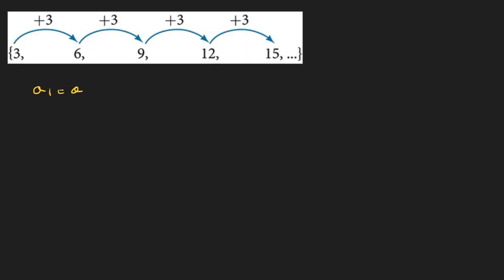Then, to define that specific sequence, we have that furthermore, the sequence a_n can be defined as a_(n-1) plus the common difference that we call d. Now, the number a is just the first term in either case. So, like with this one, that was 3.